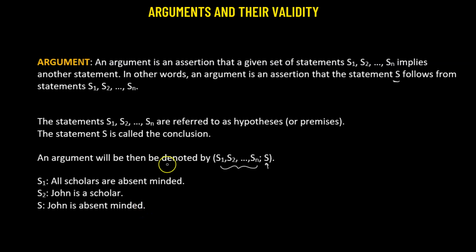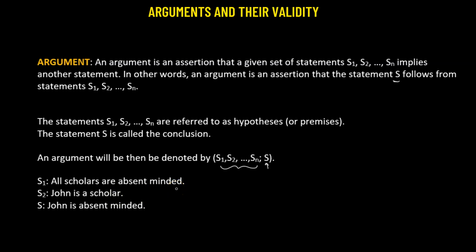Now we will talk about valid arguments. The reason is that the conclusion of any given argument may or may not be true. If the conclusion of an argument is true whenever the hypotheses S1 and S2 are true, then we get a valid argument.